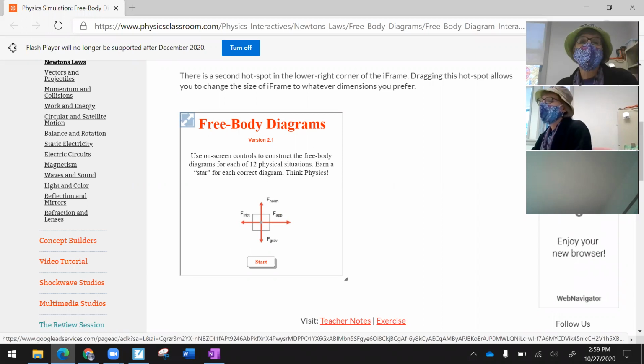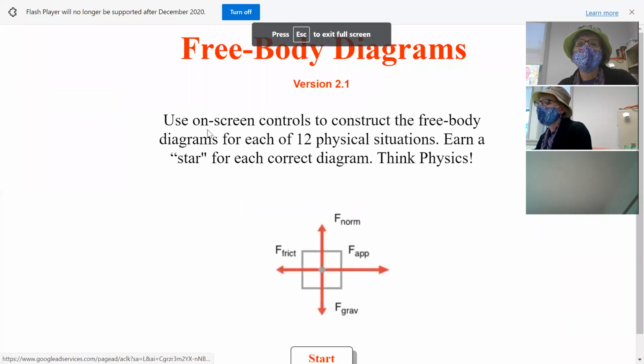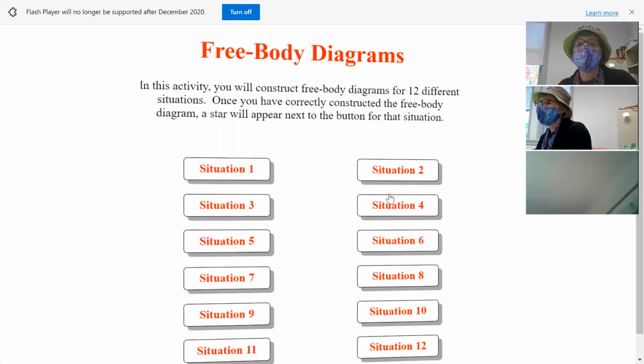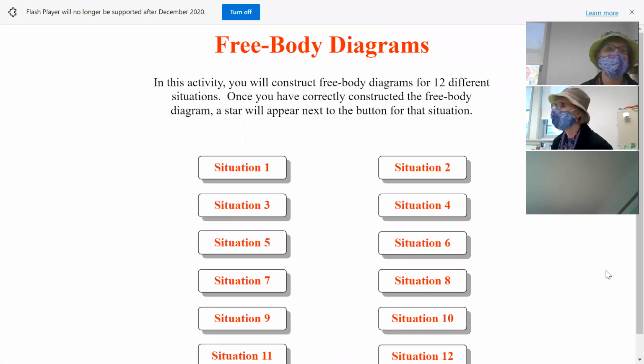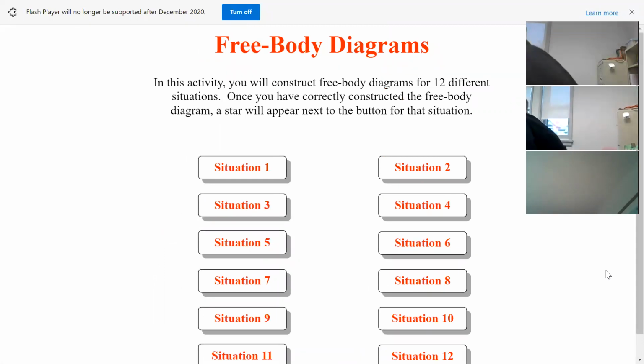Okay. And you can click on this arrow in the upper left corner and it'll open it up and make it big. And then you can click on start at the bottom and it gives you 12 situations. We are not ready to do all 12 yet, but you can do 3, 5, 9, and 11.